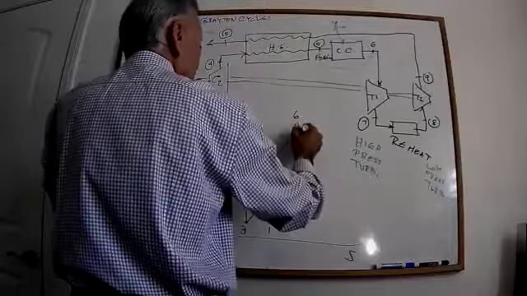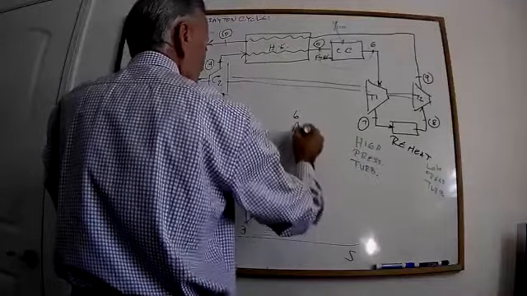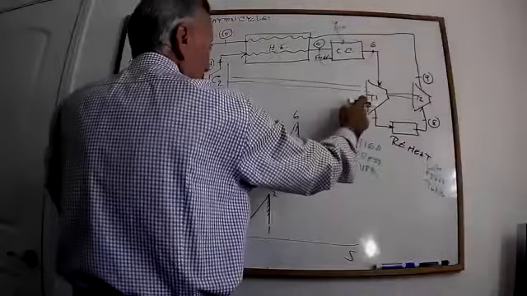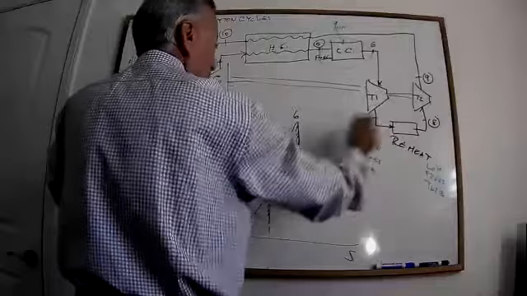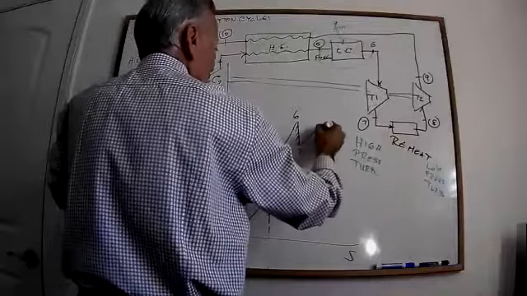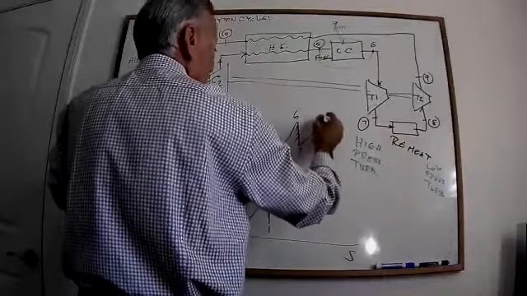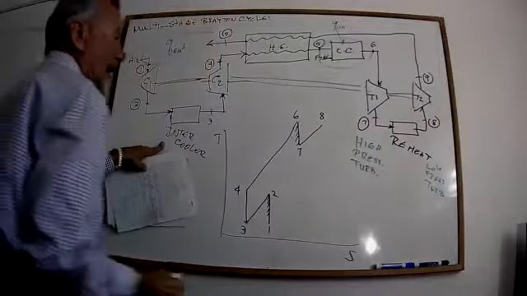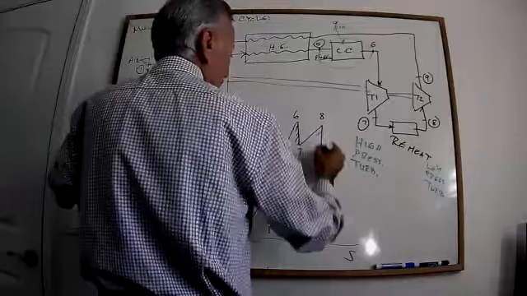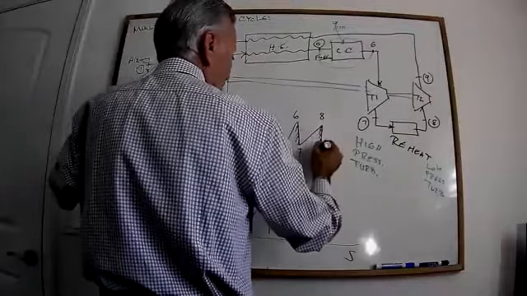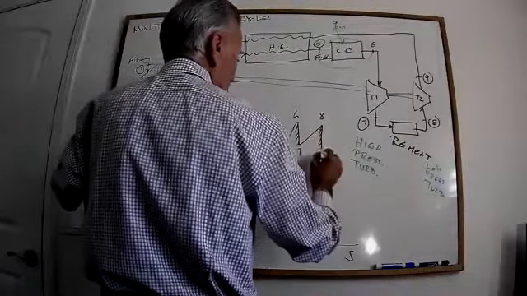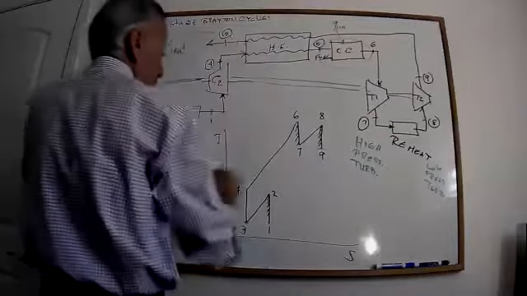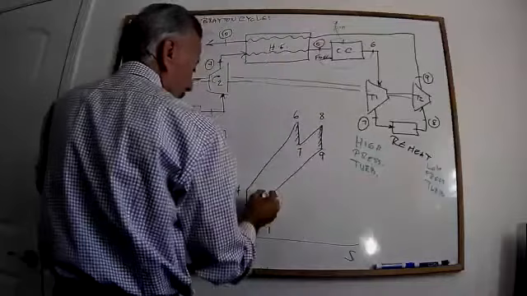Then I come down to 7 isentropically for the first turbine. Then I gain some heat. That means I go up to the same temperature at 8. Now, again, I'm coming down to 9 isentropically. Then I go to 10 and go all the way to 1.